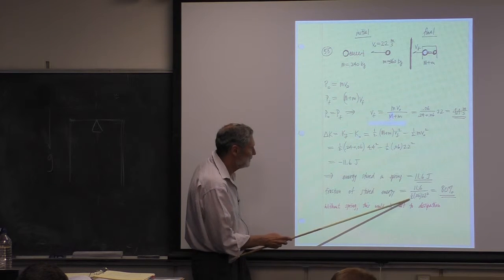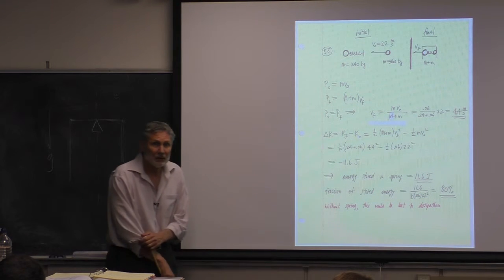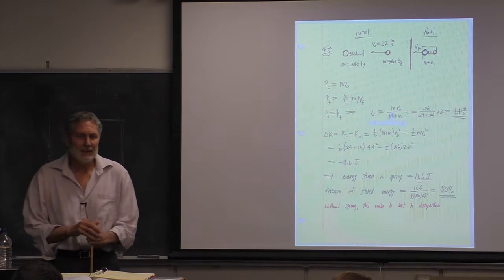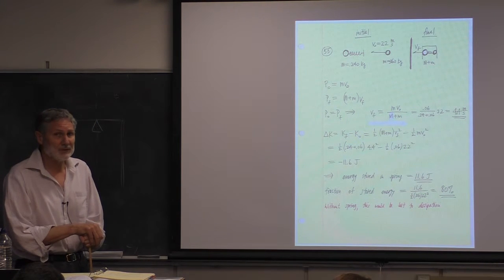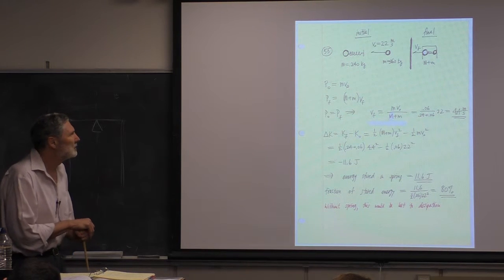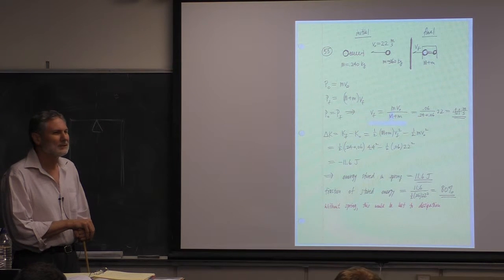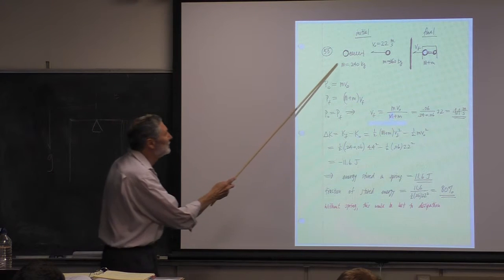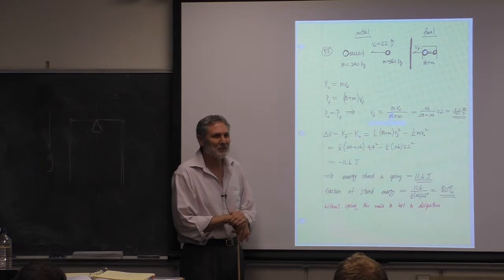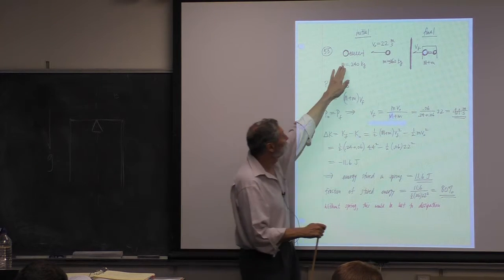Divided by the initial energy. And it's 80%. Wow, that's big. Why is it big here? Let me tell you, it can be anything between 0 and 100. But why is it big here? What's causing that? What if this were a very big mass? What would happen? What if this is very large compared to this?